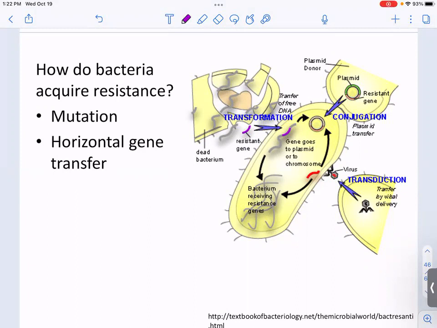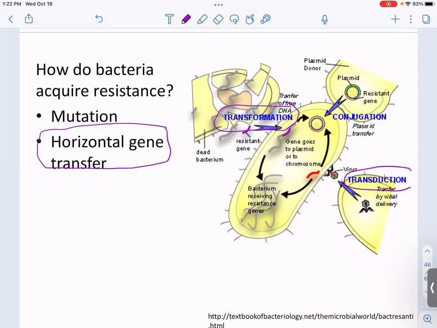So sometimes bacteria will get resistance just by random mutation. Oftentimes, though, they acquire the ability to make some kind of enzyme, and so that often is not just a random mutation. They're acquiring that ability through some kind of horizontal gene transfer. So remember our three kinds of horizontal gene transfer. There's transformation, where bacteria might take up a piece of DNA from a dead cell.